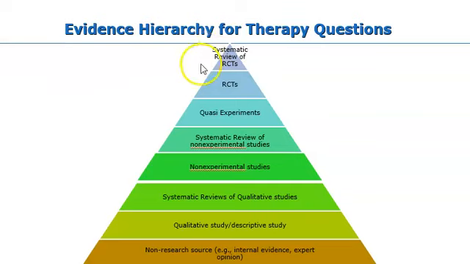So the top level is a systematic review of randomized controlled trials. That's what RCT stands for. Basically, that is a very tightly controlled experimental study in which there are usually two groups, but sometimes there's more than two groups. But one group is going to receive the intervention that we're studying, and the other group does not.